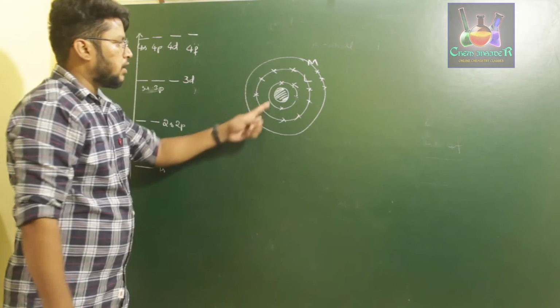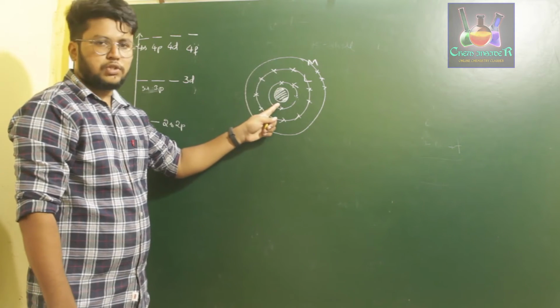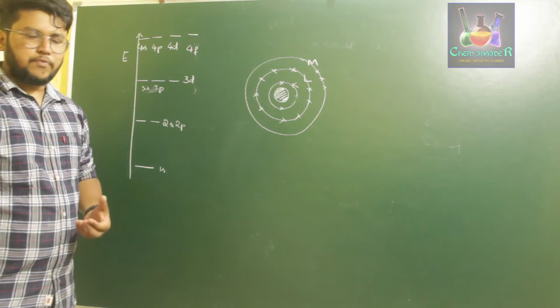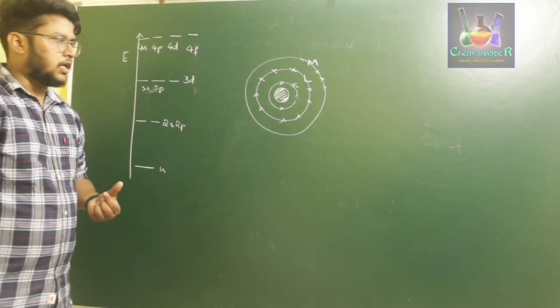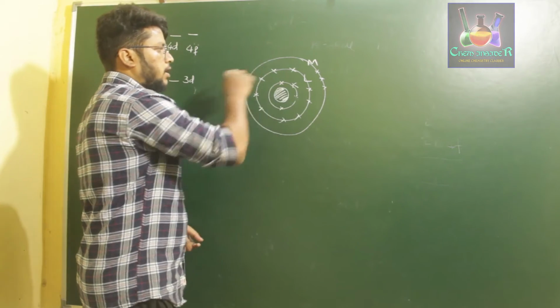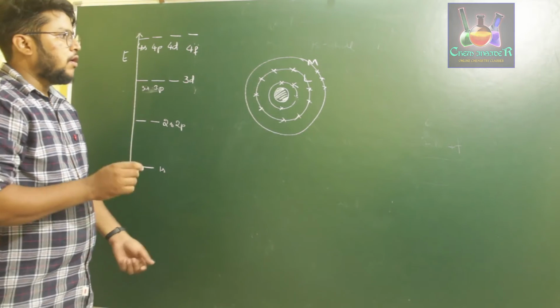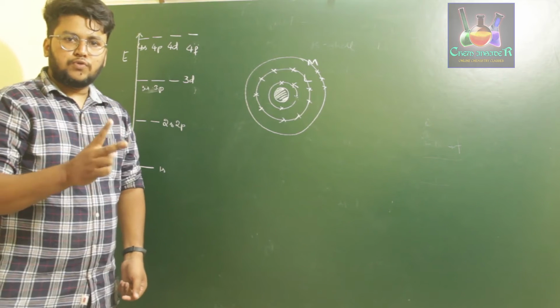So the electrons present in the shells closer to the nucleus might experience a certain amount of attraction. We know that electrons present on the shells experience attraction, and further, the electrons present in the same orbital might experience a mutual repulsion also. So in a multi-electron atom, we come across two forces.